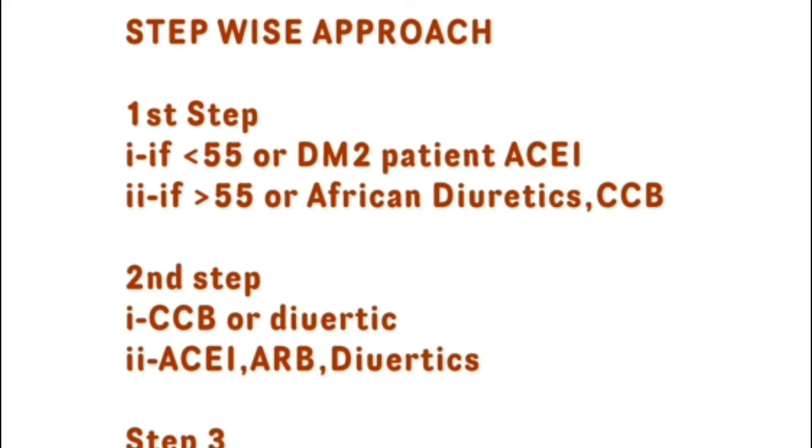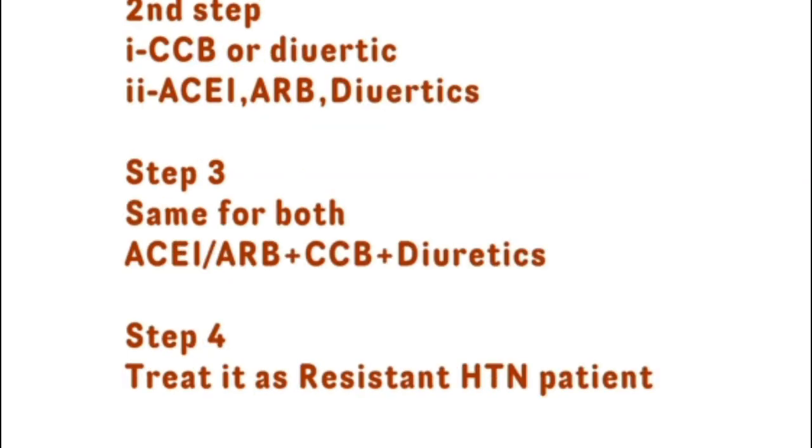Now, for step 3, if the second step fails, in step 3 you will give ACE inhibitors or angiotensin receptor blocker, calcium channel blocker, and diuretic. You have a choice between ACE inhibitors or angiotensin receptor blocker. If step 3 fails, you will treat it as a resistant hypertensive patient. And I'm going to talk about resistant hypertensive patients in another video.